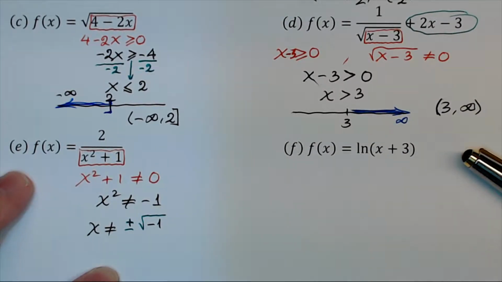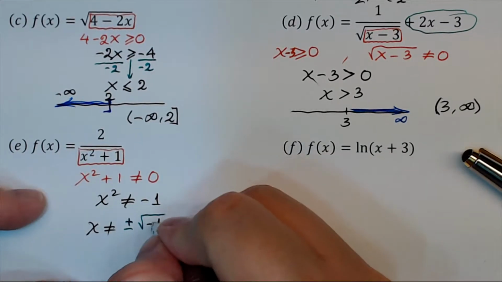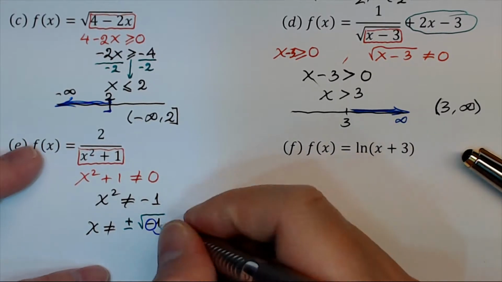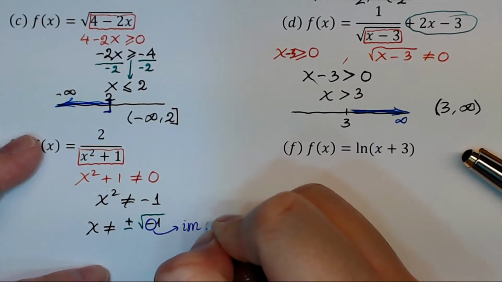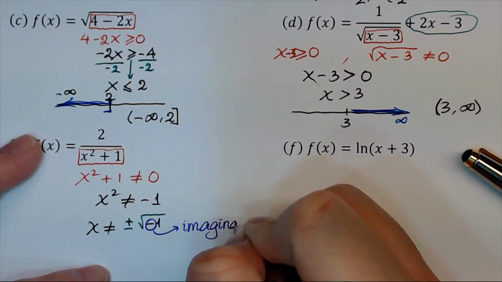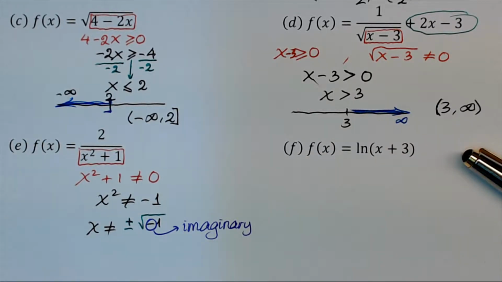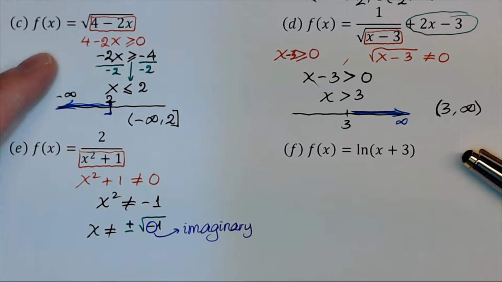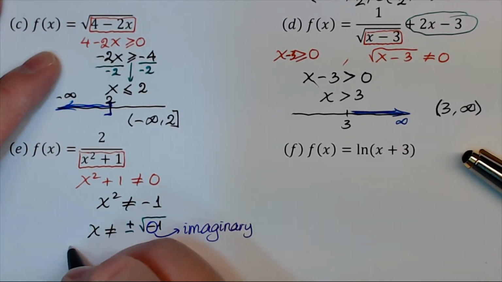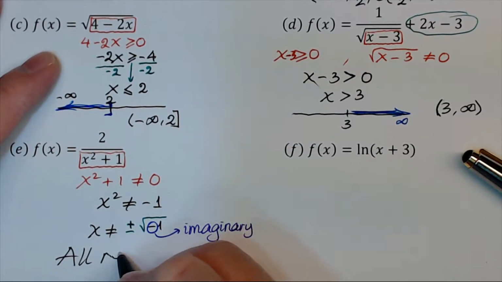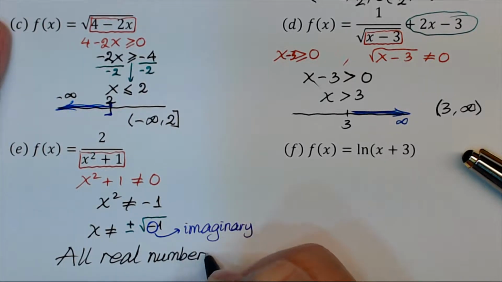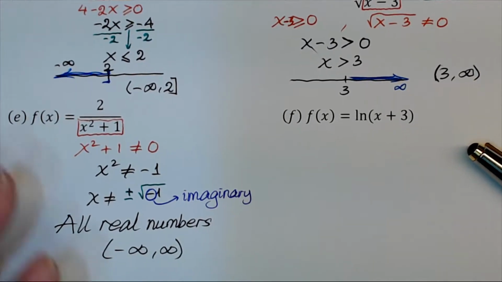The problem is that we have a negative inside an even root, so that is imaginary. So x is different from imaginary numbers, meaning all the real numbers are acceptable. So we just say all real numbers, negative infinity to infinity.